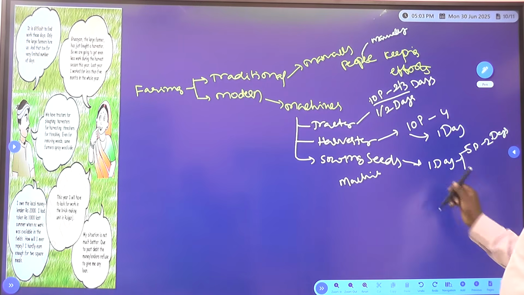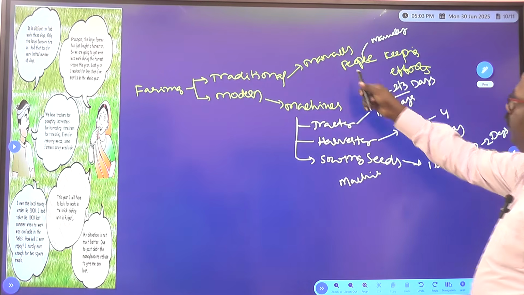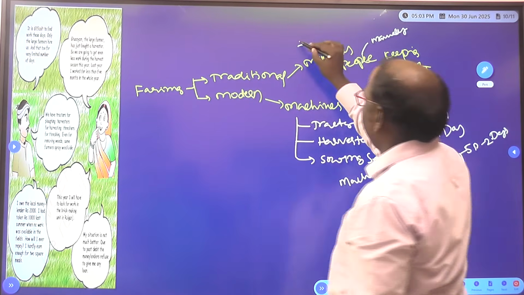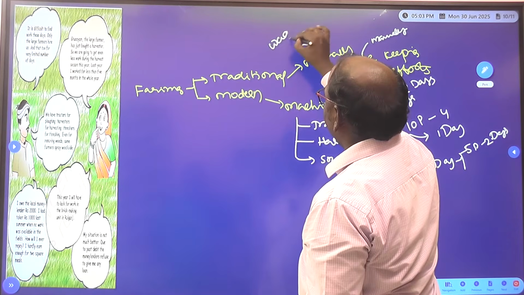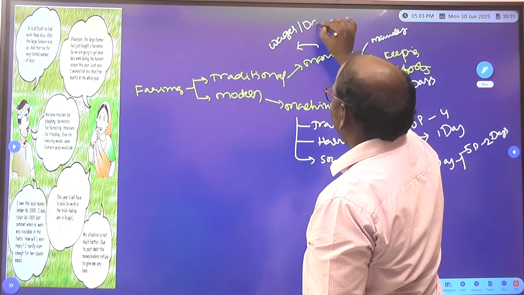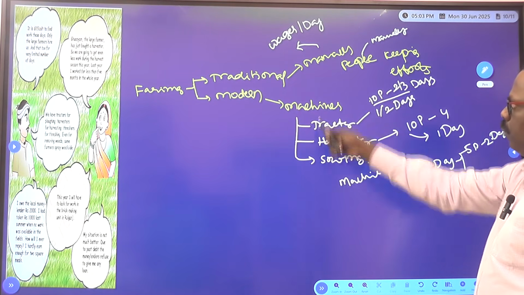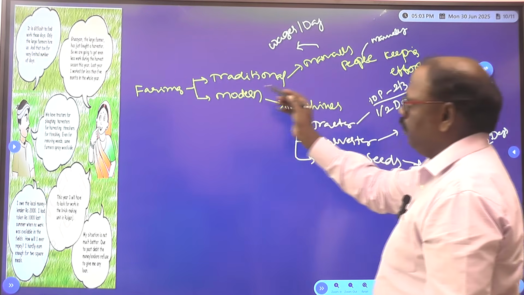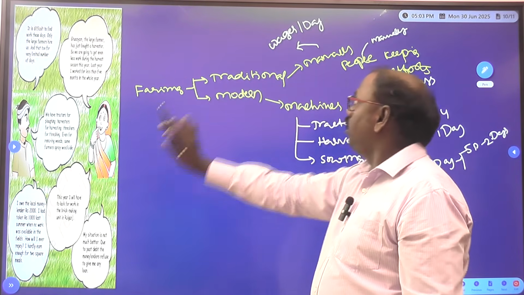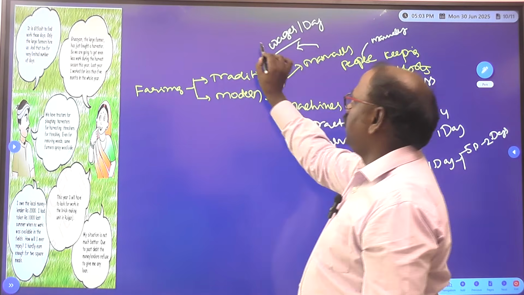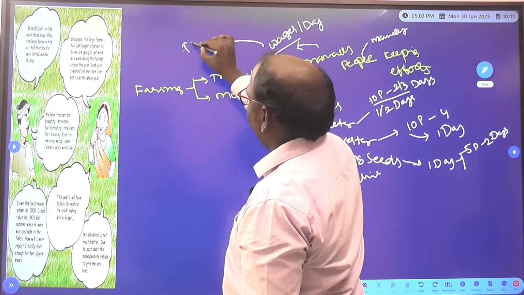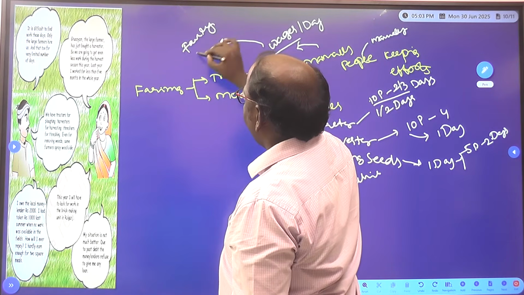So now you understand, when people work manually, they get some wages per day. When machines came into the picture through modern farming techniques, the people are losing their daily wages, and that is impacting their family survival.